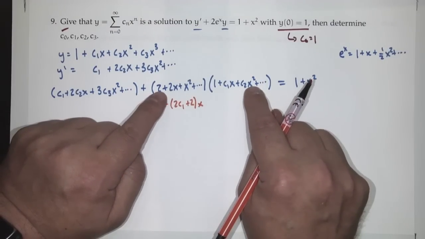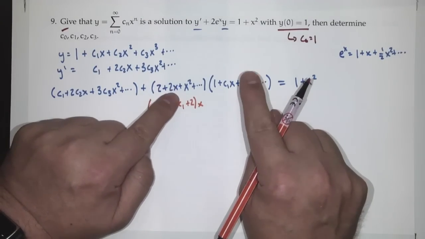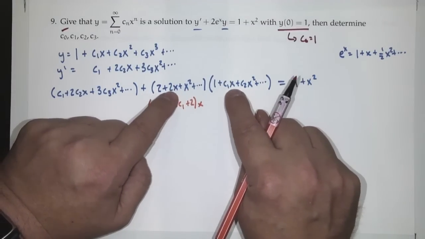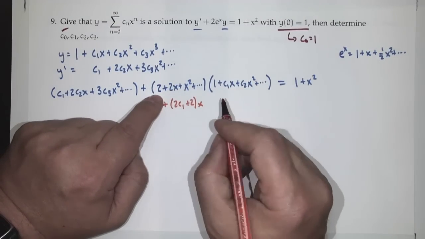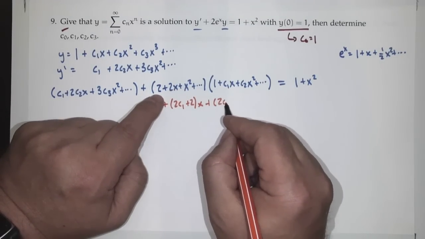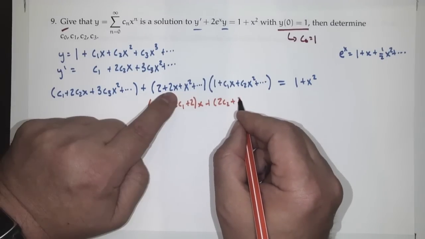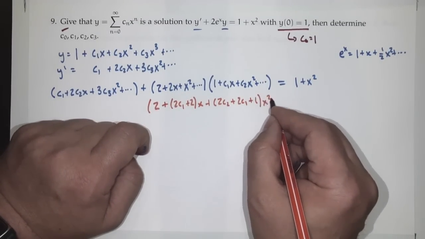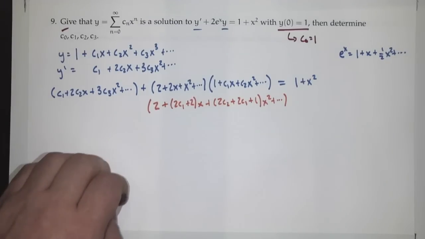For x squared, constant x squared, xx, x squared constant. Again, they move opposite. So plus 2c2 plus 2c1 plus 1 x squared, and then everything else.